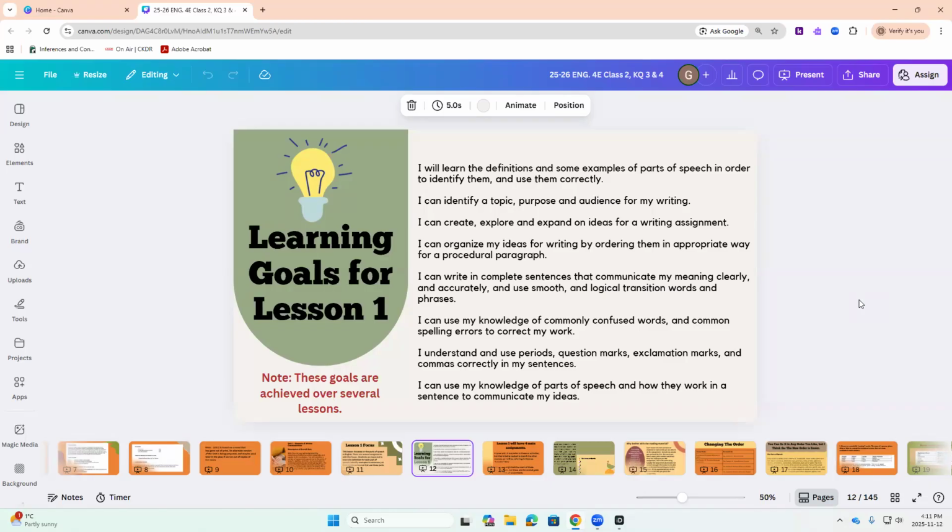I can write complete sentences that communicate my meaning clearly and accurately and use smooth and logical transition words and phrases. I can use my knowledge of commonly confused words and common spelling errors to correct my work. I understand and use periods, question marks, exclamation marks, and commas correctly in my sentences. And I can use my knowledge of parts of speech and how they work in a sentence to communicate my ideas.